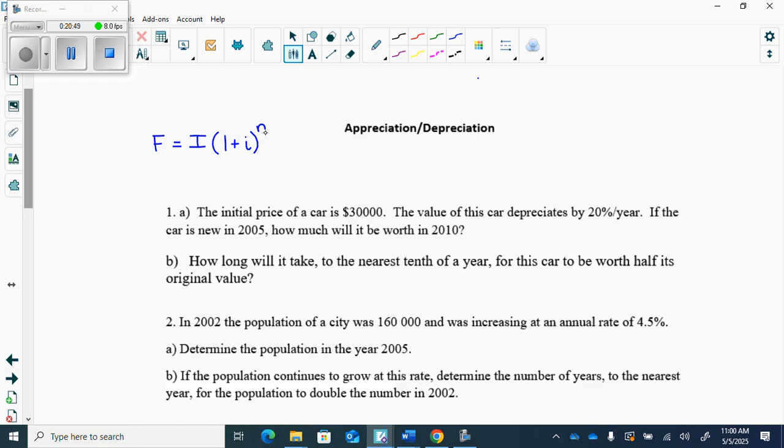Let's write down what these are. So this is for appreciation. F equals final amount. Capital I equals initial amount.